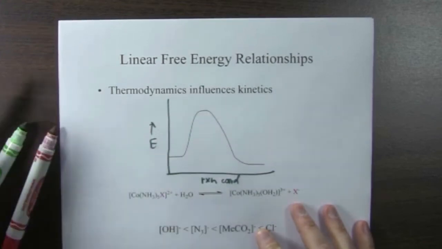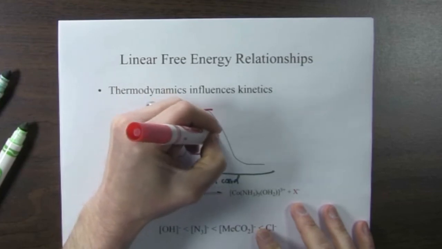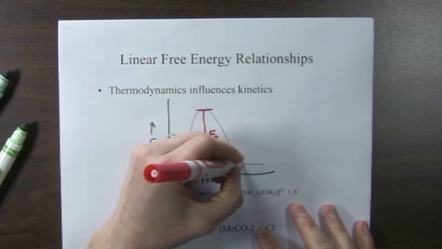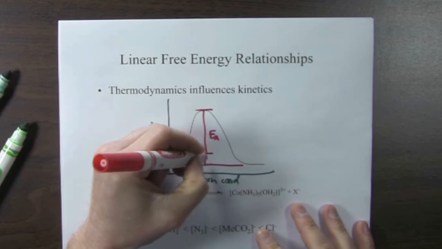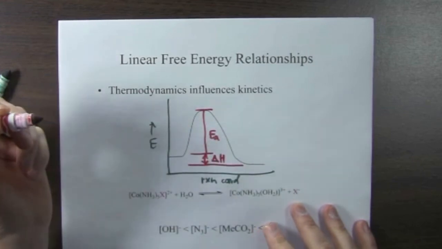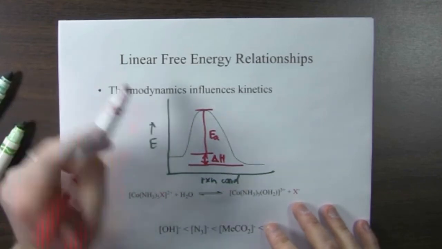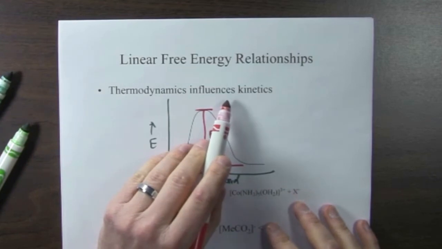And we already labeled here the energy of activation is here. And this part here we didn't label yet, but you should recall this is our change in enthalpy. This is our thermodynamics. And not always, but sometimes the thermodynamics will influence kinetics.